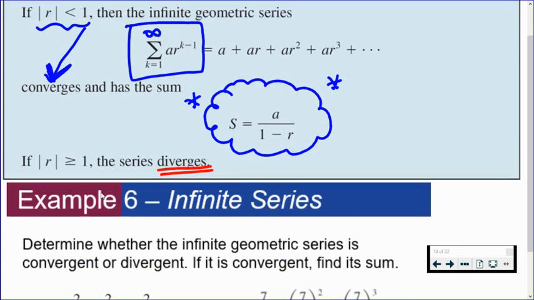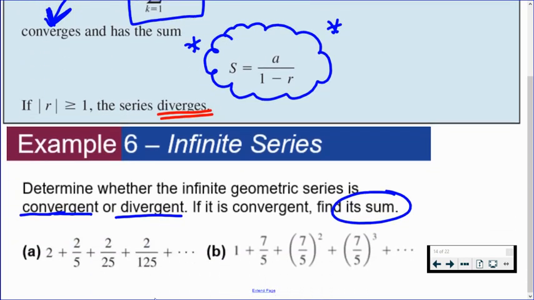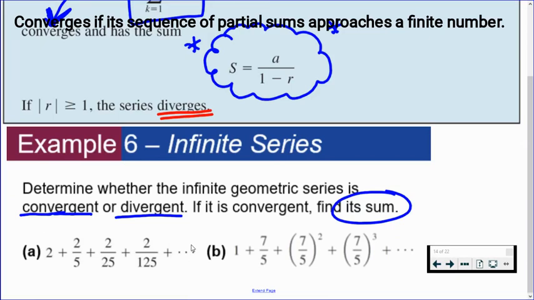So for our next problem, it says we have an infinite geometric series. We want to know first if it converges or diverges, and then we're going to find the sum if it is possible. So let's do example number 1.